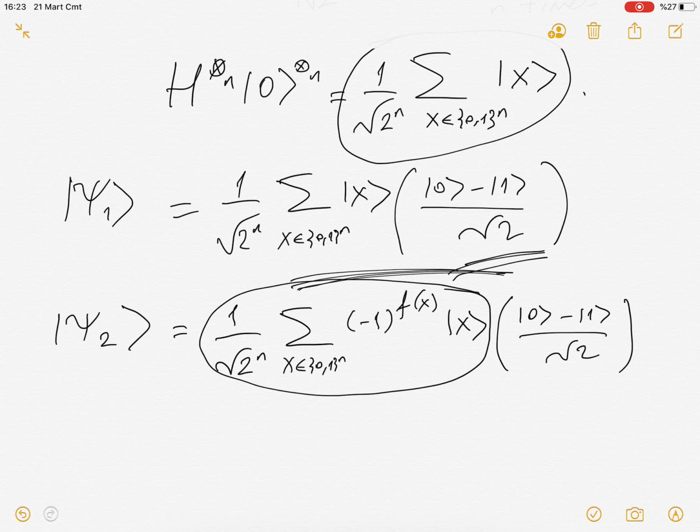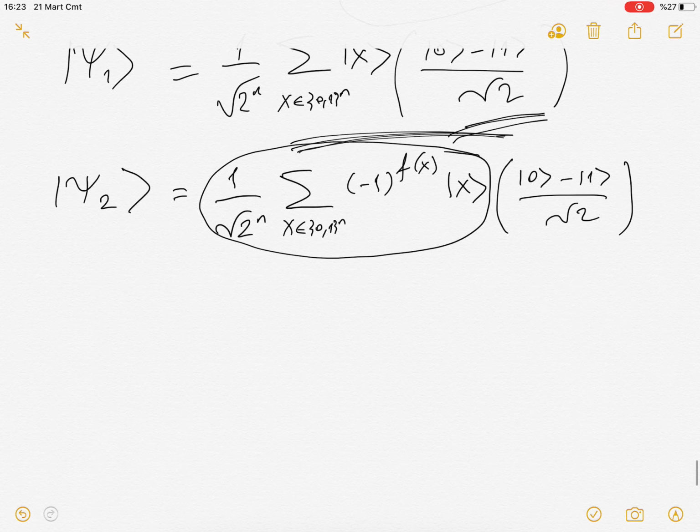Okay, so let's look at how the Hadamard transform behaves on a single qubit input. So I'm going to use this fancy x. It's a single qubit.